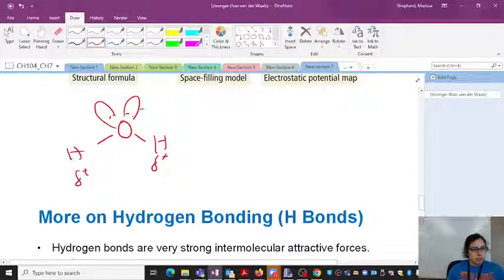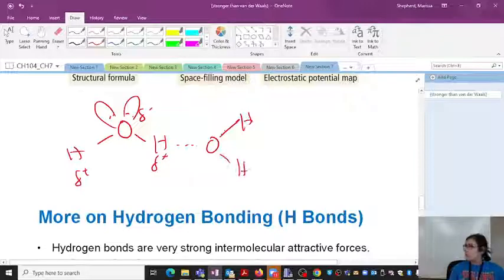Of course, this oxygen is partial negative, and then another molecule of water can come along, and that negative electron density would be attracted to our hydrogen here, and then we could continue on.